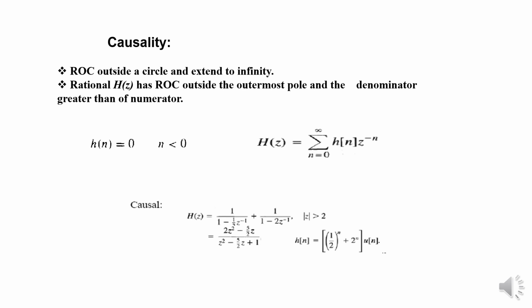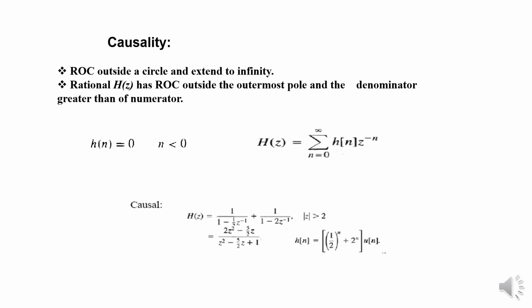So here the region of convergence is outside the circle and extends to infinity. What is the region of convergence here? Magnitude of z larger than 2. Larger than 2 means it will extend up to infinity, starting from magnitude of z equal to 2. So that is satisfied here.